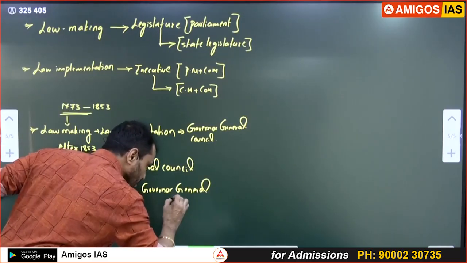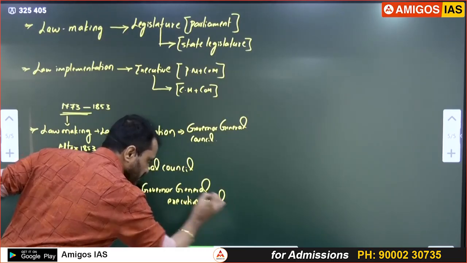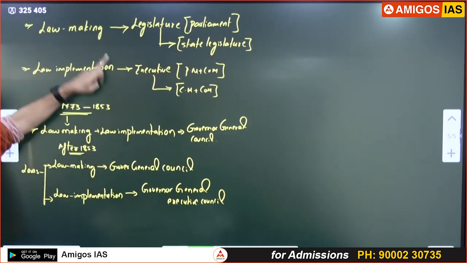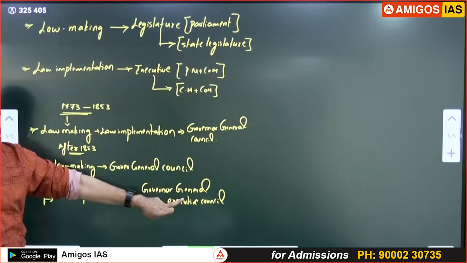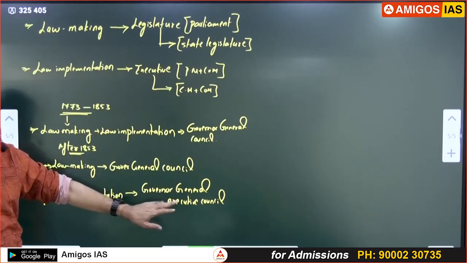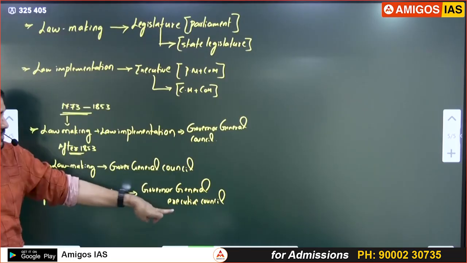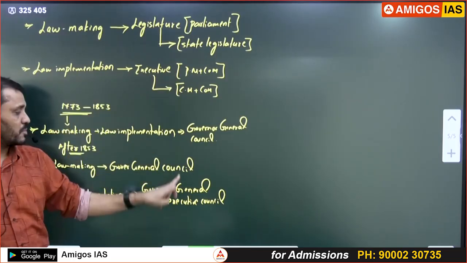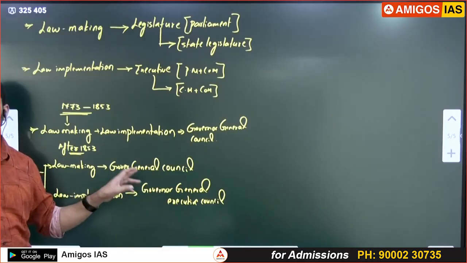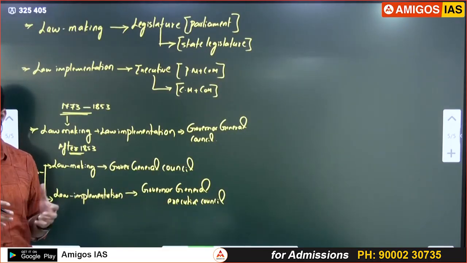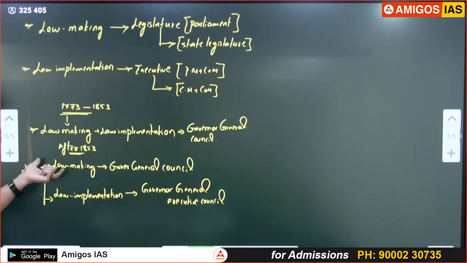It is like Parliament in the modern day, and it is like the Prime Minister plus Council of Ministers in the modern day. Governor General Council is the same as Parliament at the central level, and Governor General Executive Council is the same as the Prime Minister plus Council of Ministers. Here the Prime Minister is the Governor General, and he will be assisted by four other members, later 5 members, later it becomes 6 members. Are we clear about this?